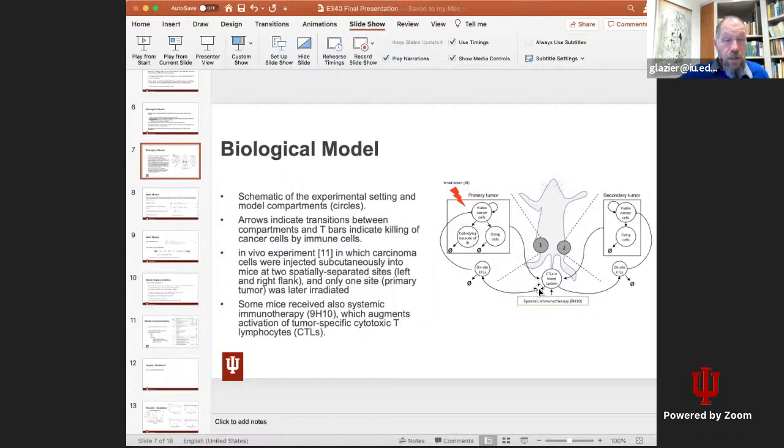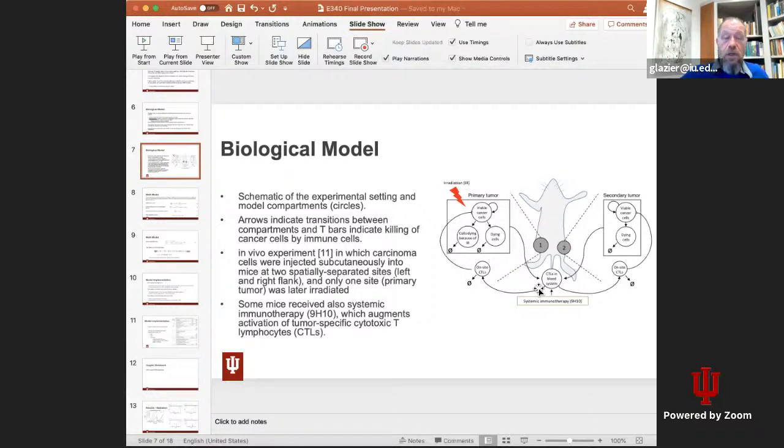But if you're not irradiating the secondary tumor, then you're going to die from the secondary tumor. And so the question is whether the immune response caused by killing the primary tumor is sufficient to kill the secondary tumor, even though you don't irradiate it. You gave us a nice example where you irradiate the primary tumor and then the secondary tumor as well, and that's interesting. But one of the key things is what happens if you only irradiate one tumor, and what happens to the second one.